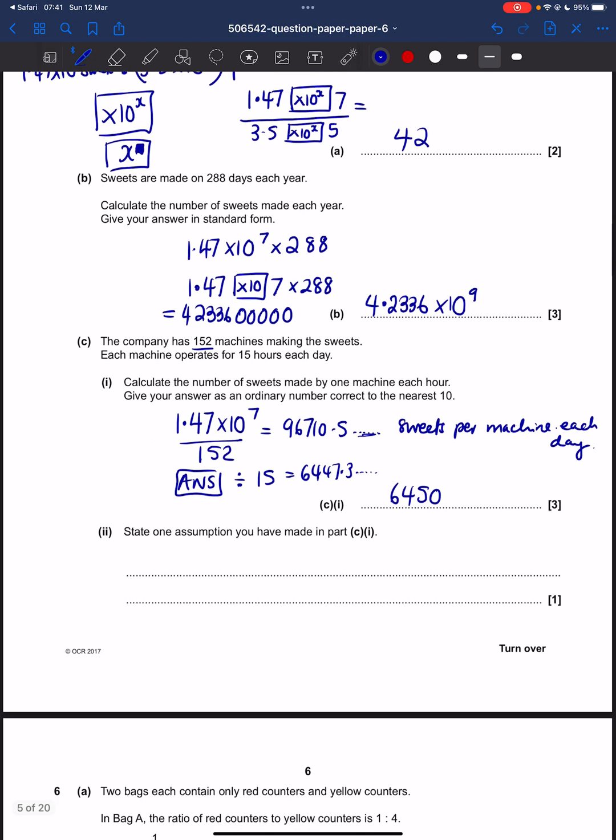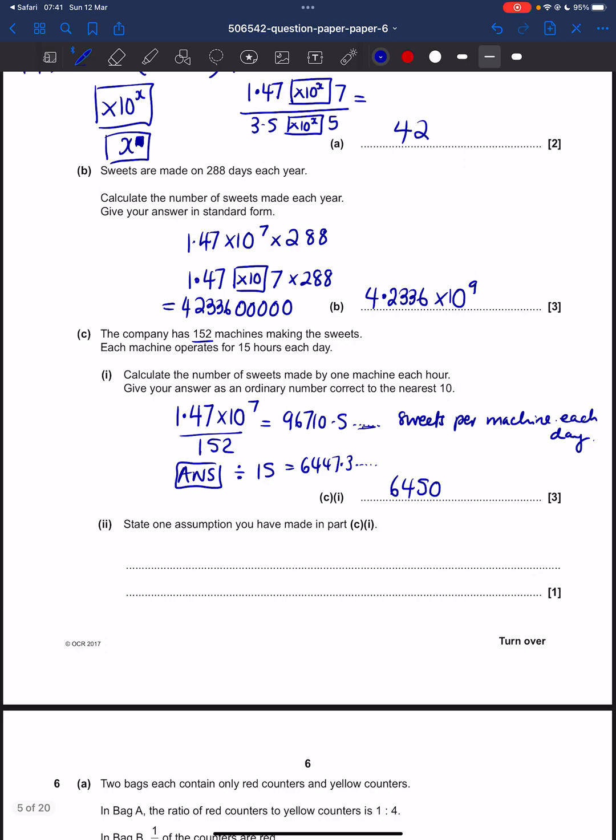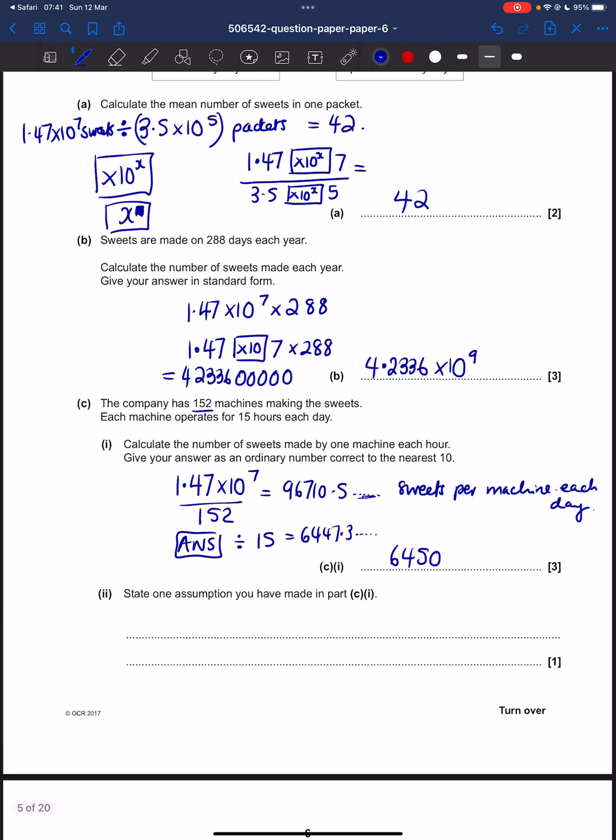State one assumption you've made in part C, part 1. Okay, so what we've assumed is that all these 152 machines all work at the same speed, the same capacity, etc. In fact, you don't need to write that in an exam.